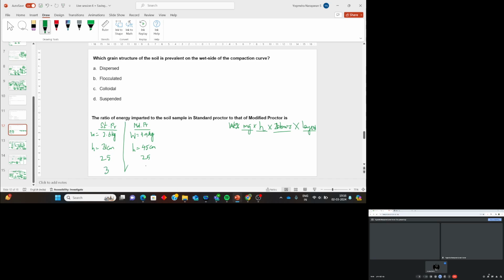Layers will be 3, and in this case 5. Now you calculate the energy ratio. ER is equal to 2.6 into 9.81 into 0.31 into 25 into 3, divided by 4.9 into 9.81 into 0.45 into 25 into 5.